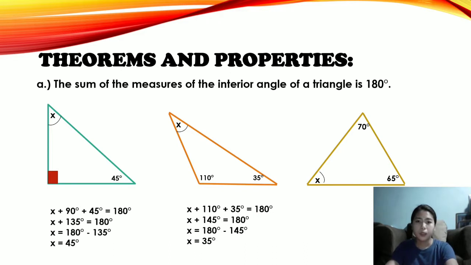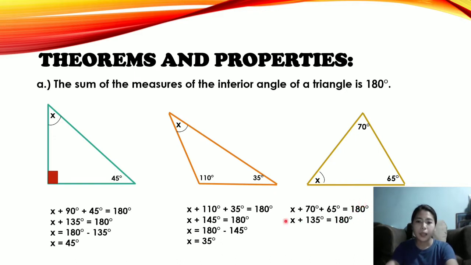Let's move on to the third example. We have this triangle and the given is 65 degrees, 70 degrees, and x. Now let's solve for x. We have x plus 70 degrees plus 65 degrees is equal to 180 degrees.